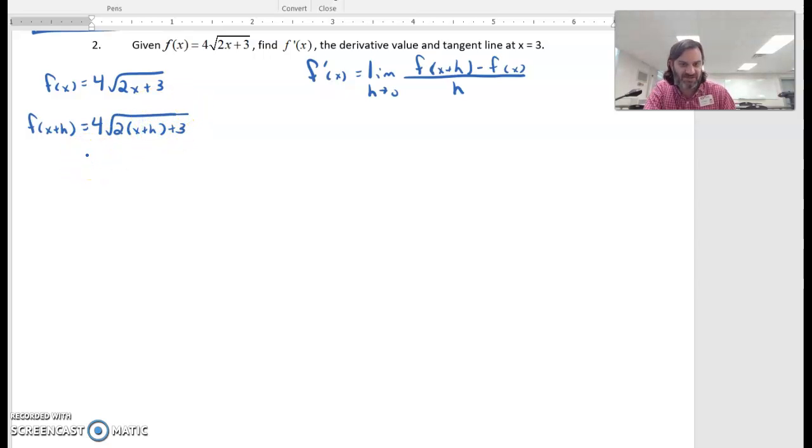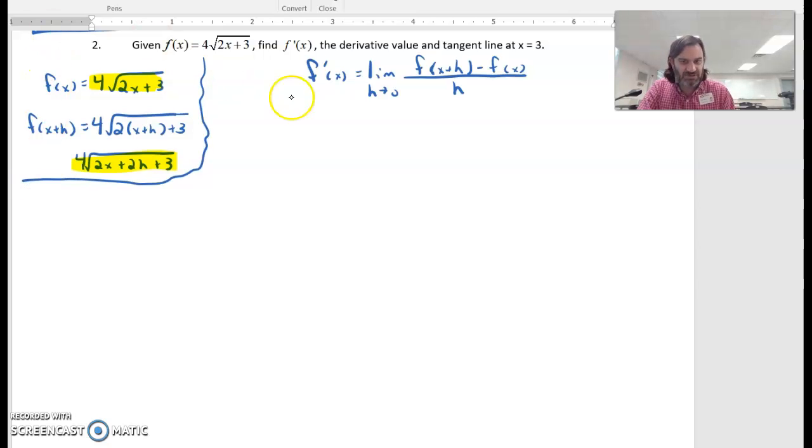Let's clean it up a little bit more. It'll be 4 times the square root of 2x plus 2h plus 3. So that's what we're going to use in setting up our formula: f of x and f of x plus h. Let's section that off so we don't have to think about it again.